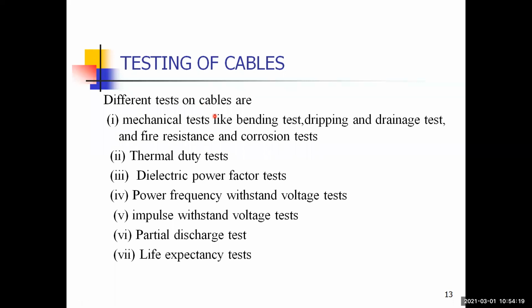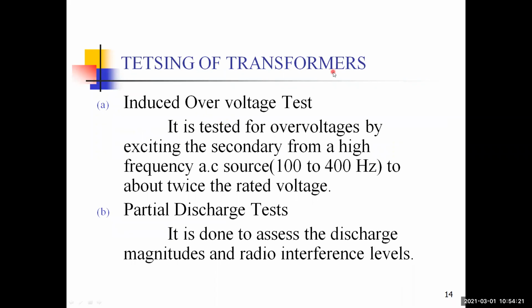Now testing of transformers: induced voltage tests and a partial discharge test on transformers. The induced overvoltage test checks the transformer for overvoltages by exciting the secondary from a high frequency AC source, 100 to 400 Hz, to about twice the rated voltage.